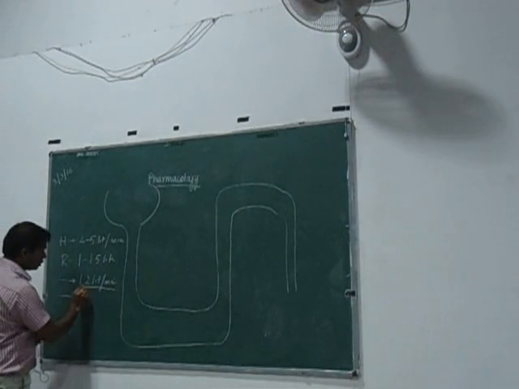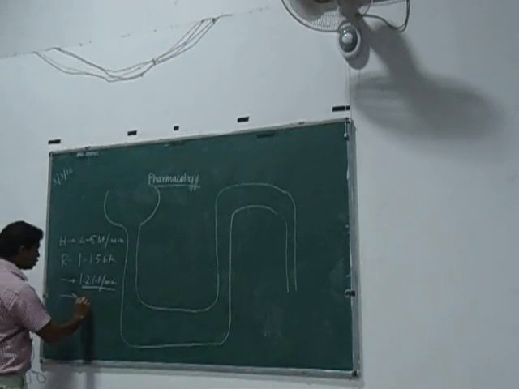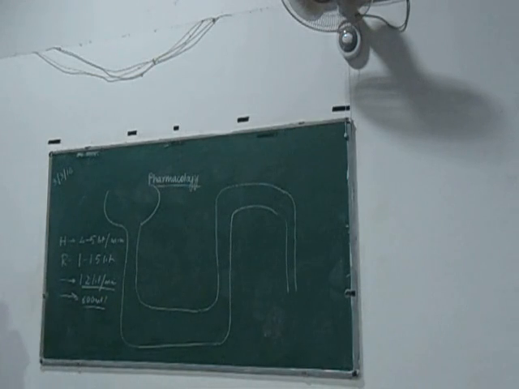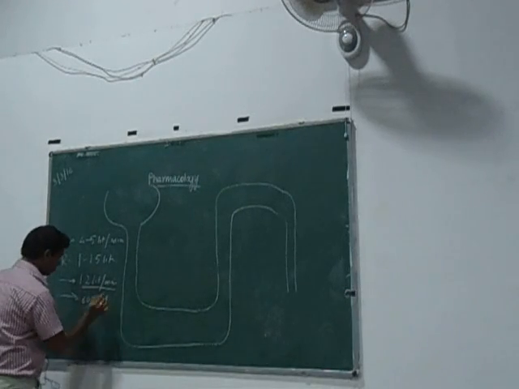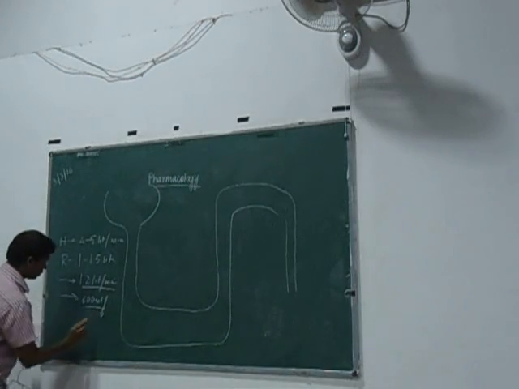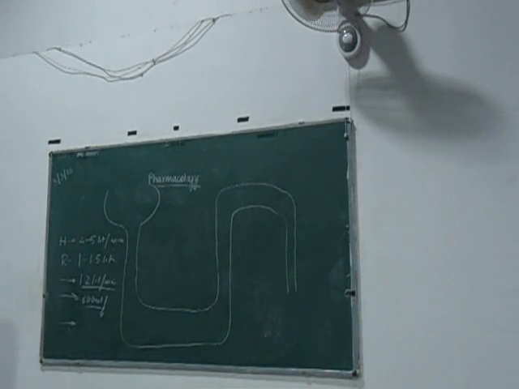And this is only per minute. You are getting it? So each kidney receives 600 ml. Clear? So how many minutes we have?